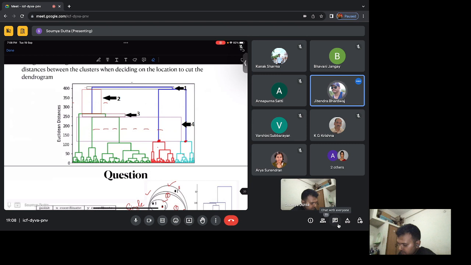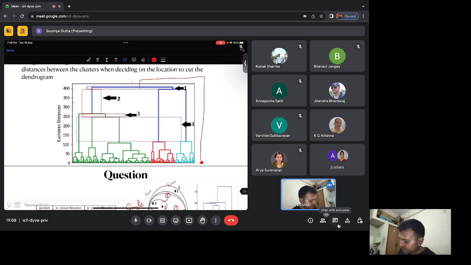Do we consider them a cluster or not? That's the conceptual question. If you have a single point connected directly to the top, and those leaves are outlier points, then you shouldn't consider them a cluster.